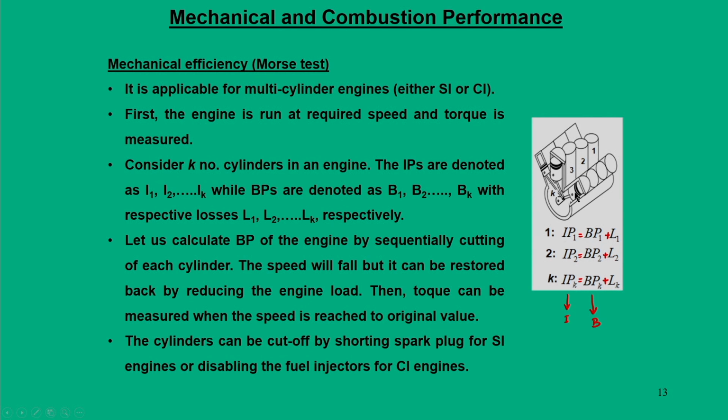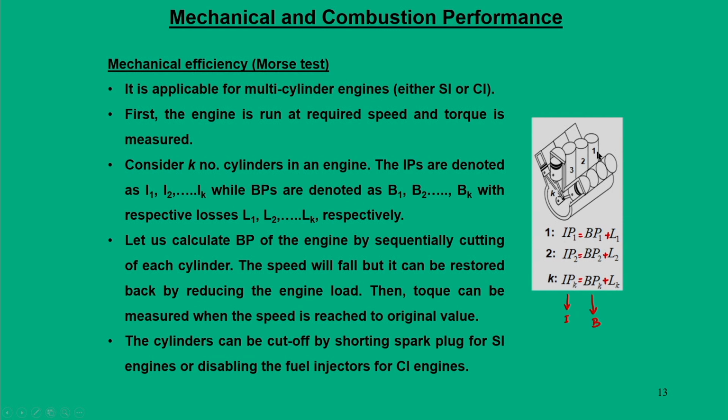So, the friction power remains there. This cutoff can be done for either SI or CI. For SI engines we can cut off the spark plug, for CI engines we can stop the fuel injection, and thereby do the fuel cutoff.